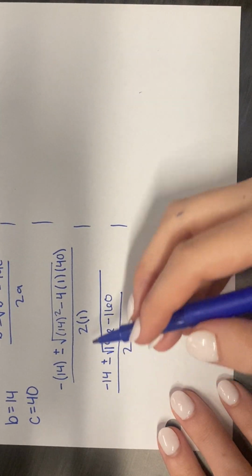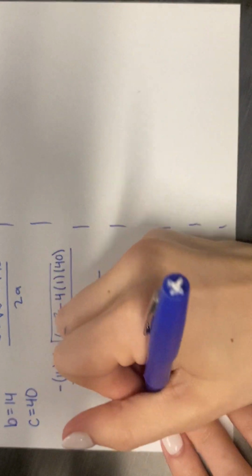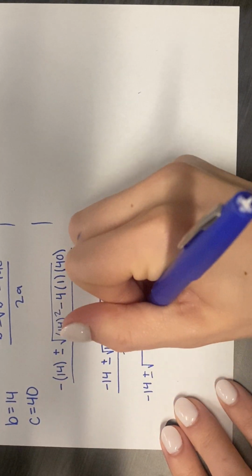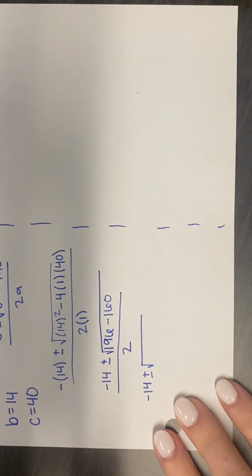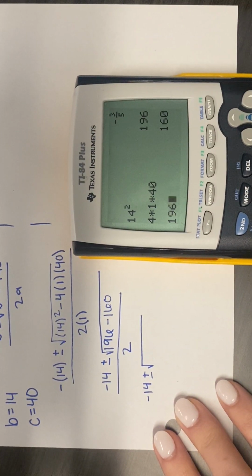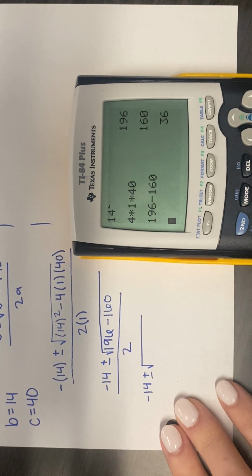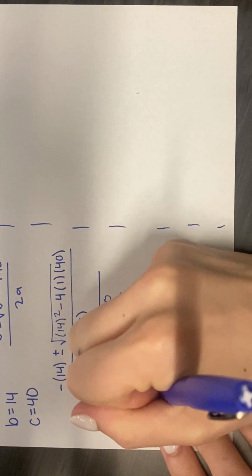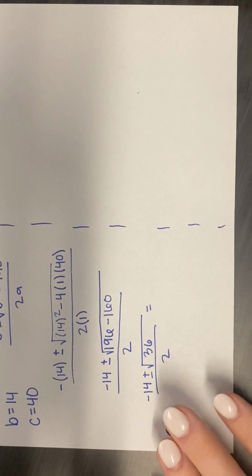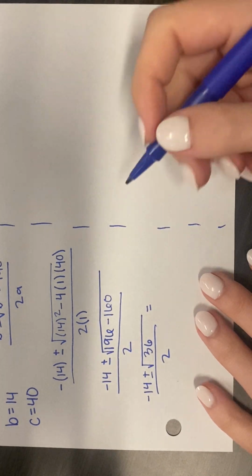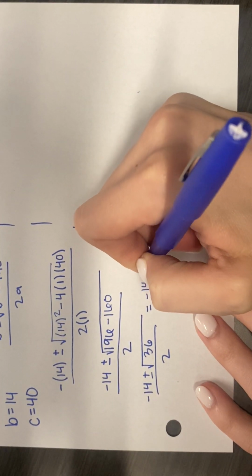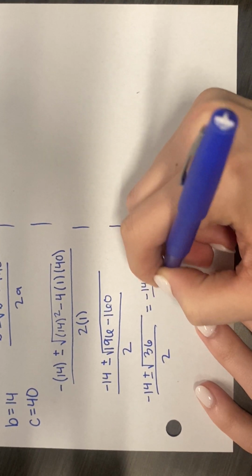So negative 14 plus or minus the square root of 196 minus 160, and I get 36. Ooh, that's awesome, because what is the square root of 36? Well, we should know it's 6. So negative 14 plus or minus 6 over 2.